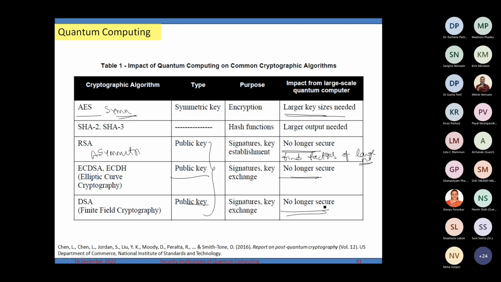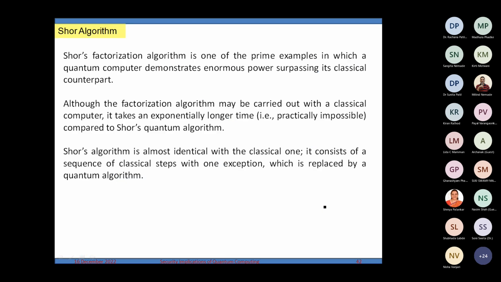So why? What is the reason? What is the algorithm that is making these public key algorithms no longer secure? The basic algorithm is the Shor algorithm.